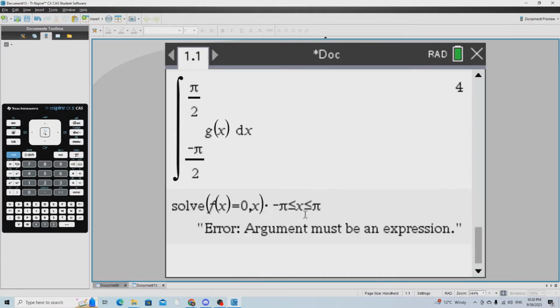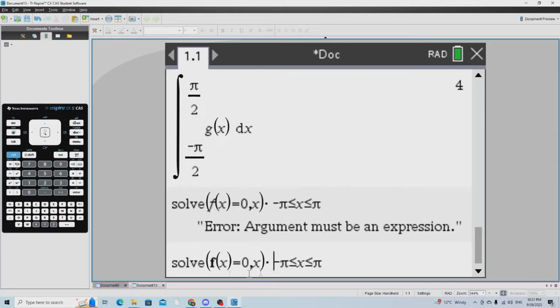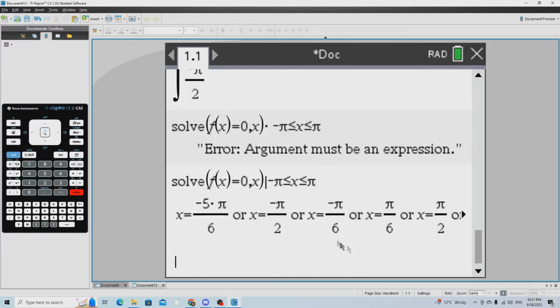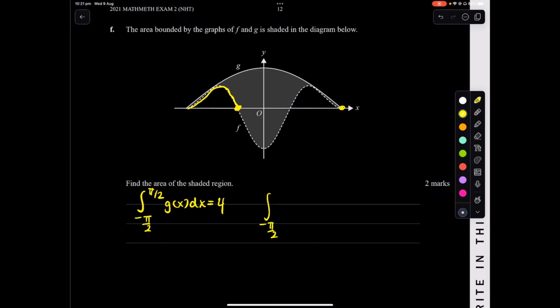And we get this, but it's negative pi over 6. These are your values. So to negative pi over 6, this area, and then we multiply by 2.